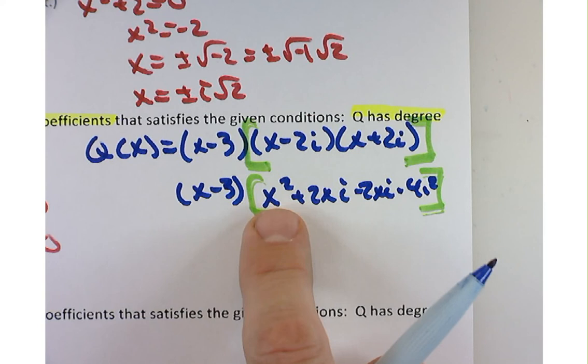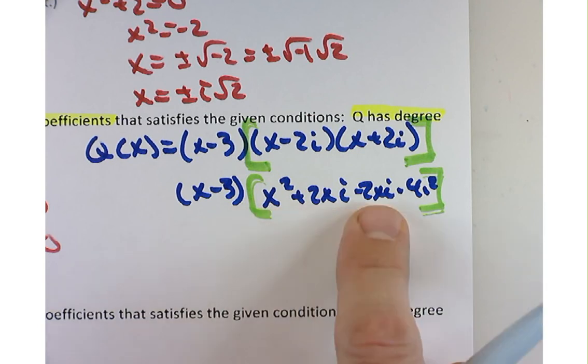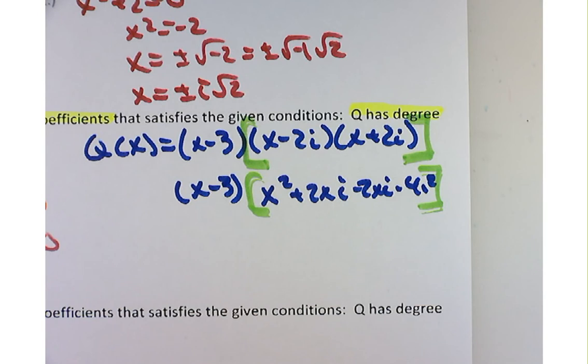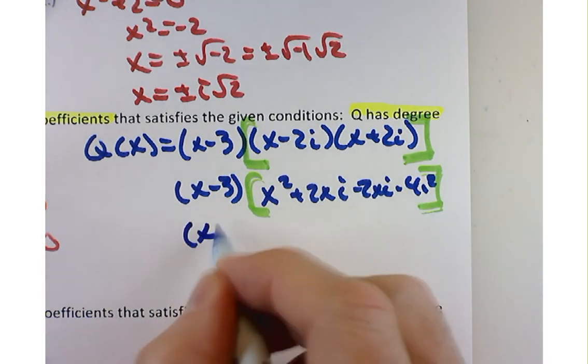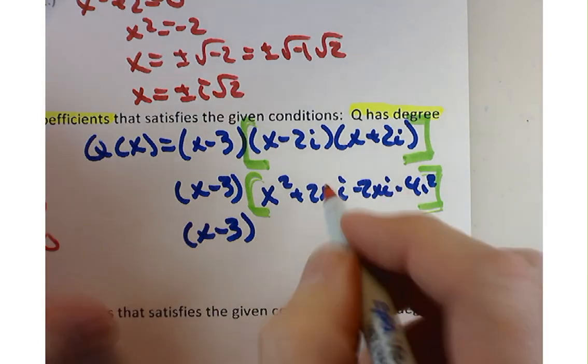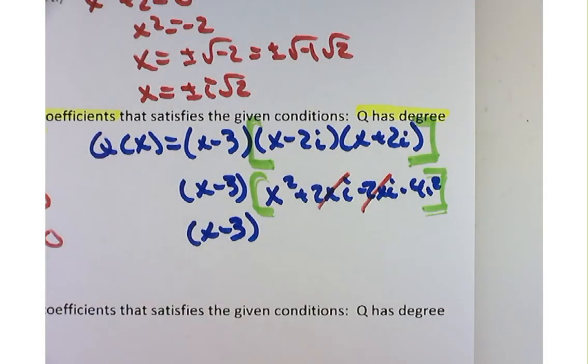Beautiful. We get some simplification here. Jason, what do you see that's going to simplify in the brackets here? The 2xi would cancel. Perfect. Minus 2xi and plus 2xi, those cancel.